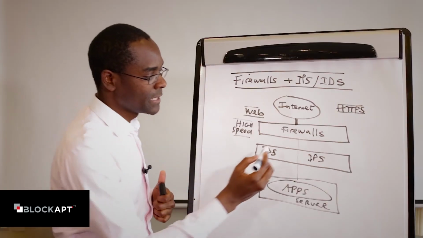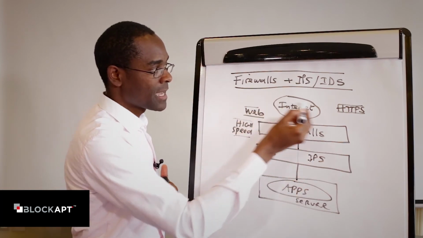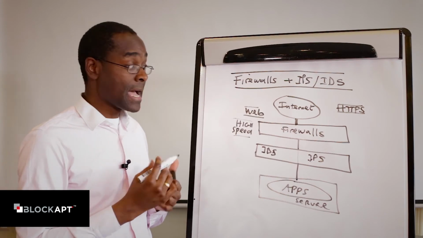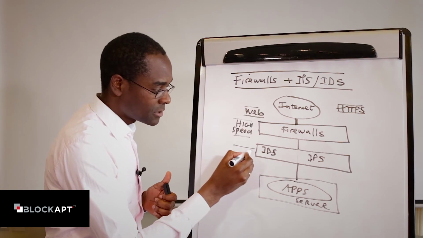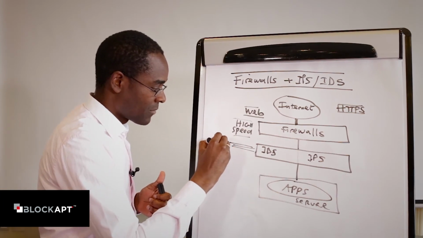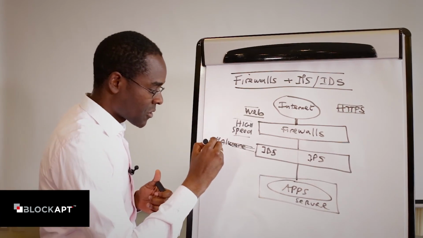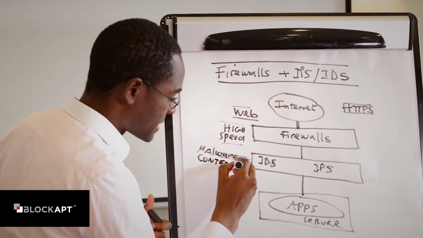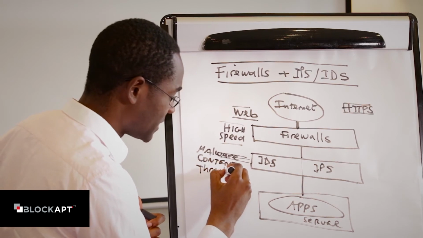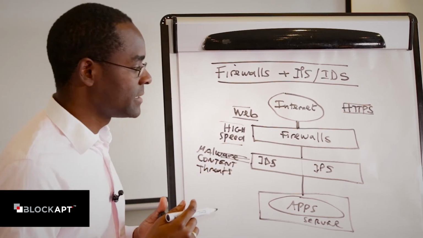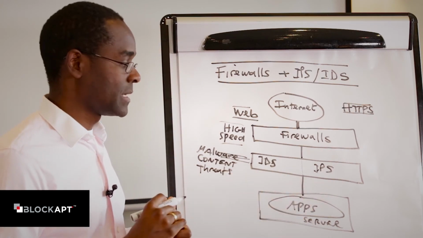So you can see we can combine firewalls, to do the high speed filtering at the network level, and here the IPS is going to do a lot more intelligence, related to malware traffic going through, content scanning for example, and also known types of threats related to your network. So this is a very specialized type of device focusing on detecting attacks at the network level, and some of them also at the application level.